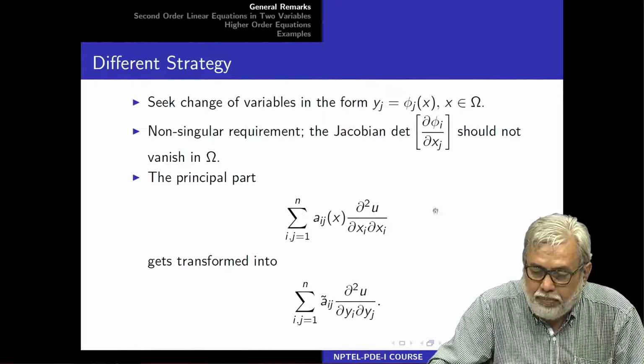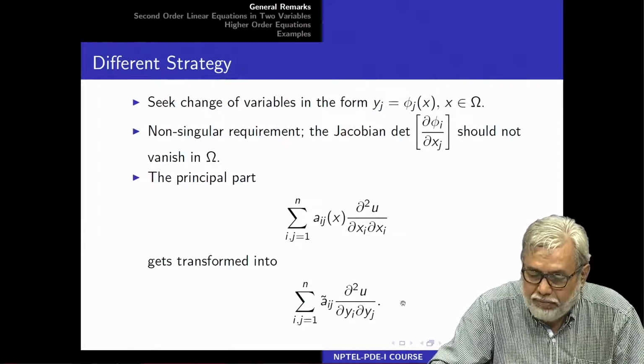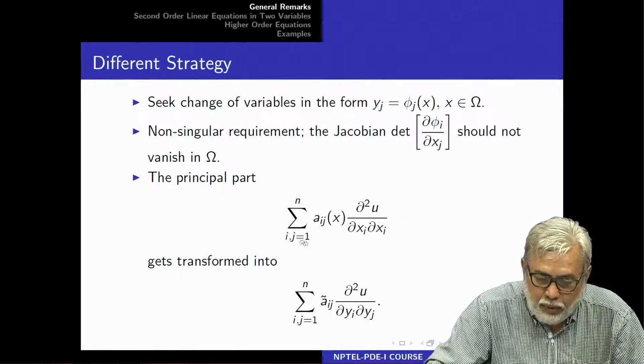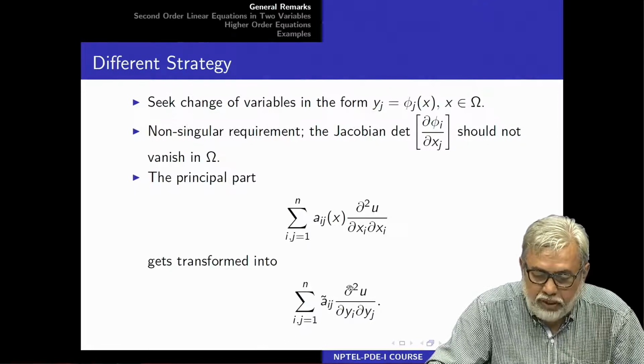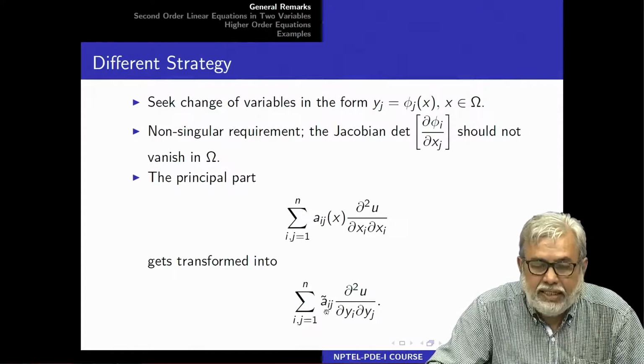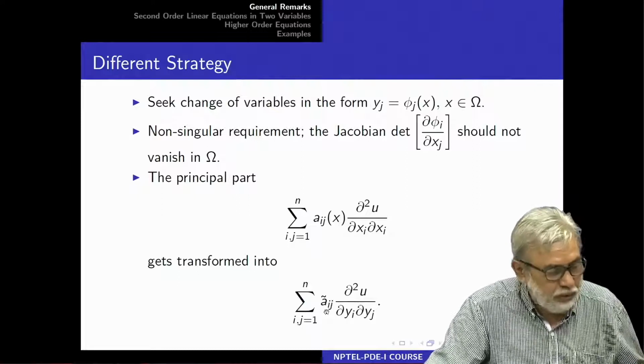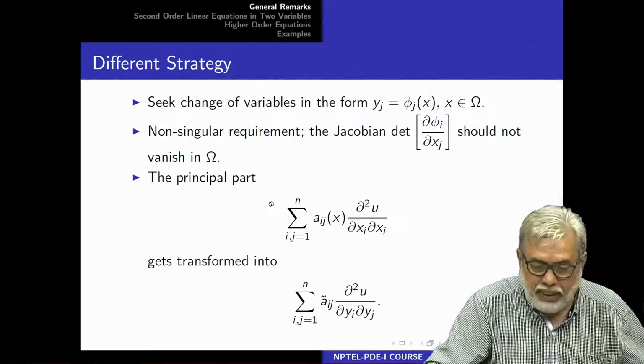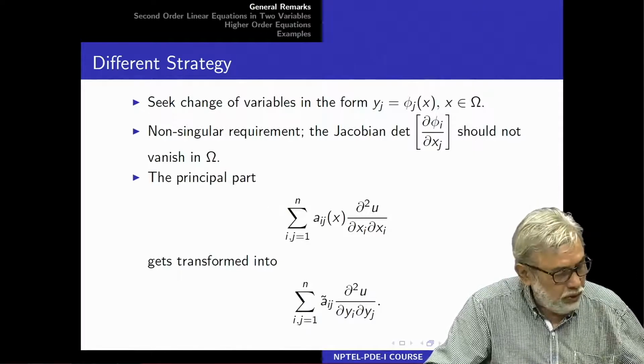You club all the first order terms here and you will get first order terms, but we are concentrating only on the second order terms. So, what are these a_ij tilde? They are easy to compute, some tedious calculation, but simple differentiation.